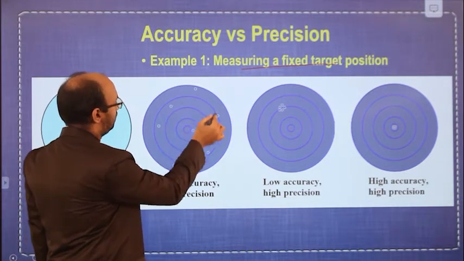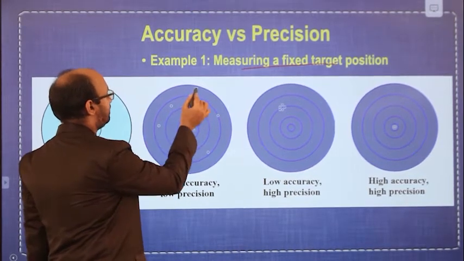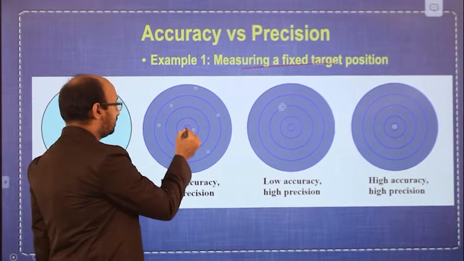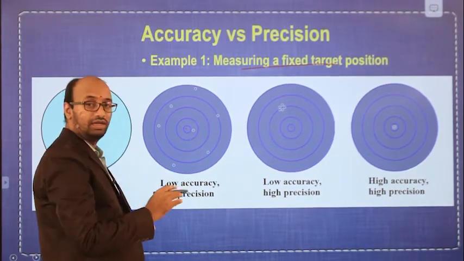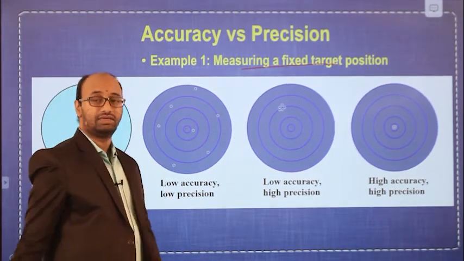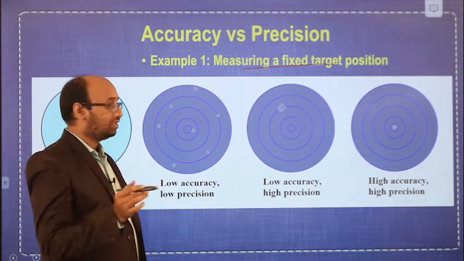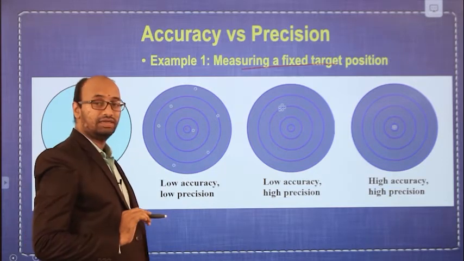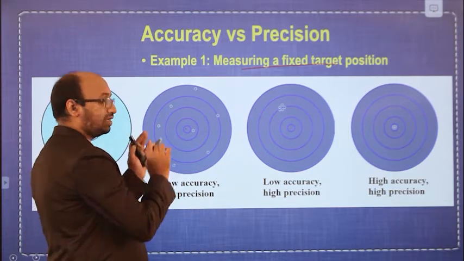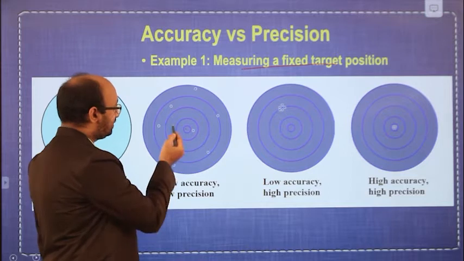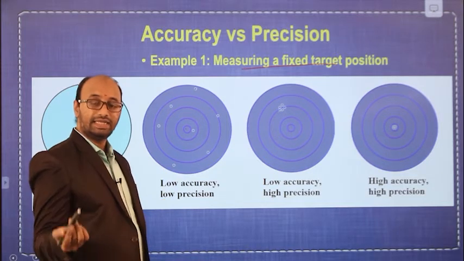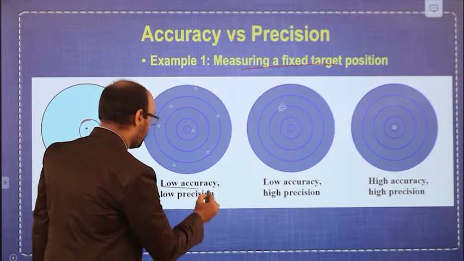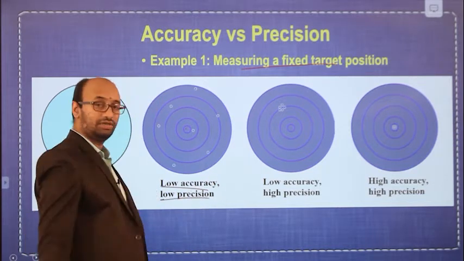They are not close to the center, and they are not close to one another. That means they are not close to the standard position, that is the center, and the measurements are not close to one another. So in this case the measurement is neither accurate nor precise, or in this case there is low accuracy and low precision.